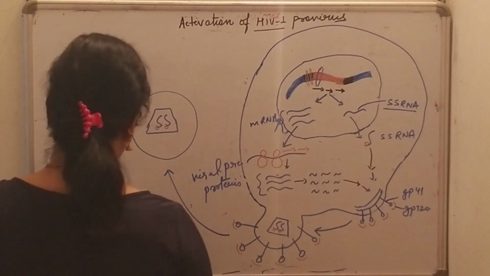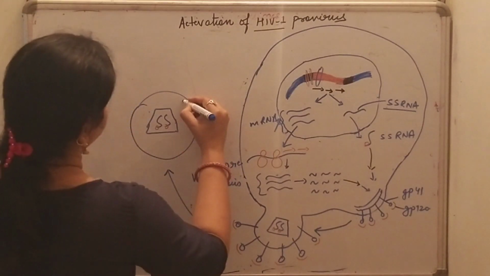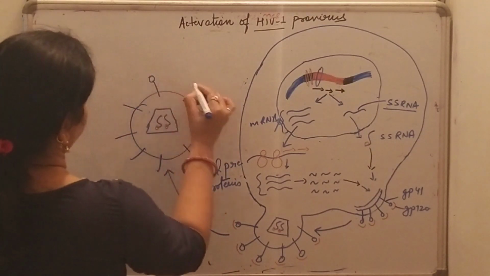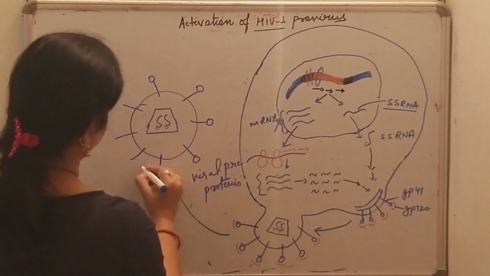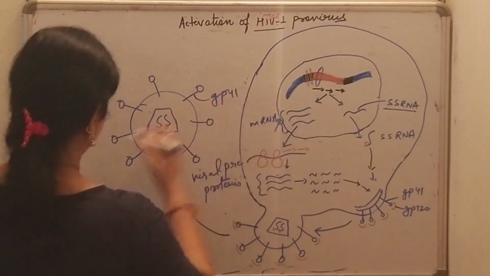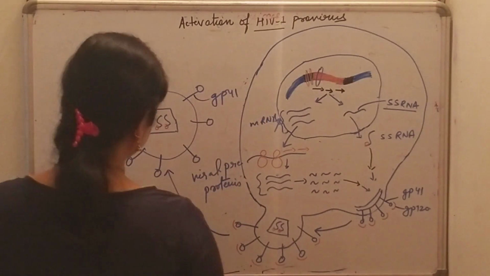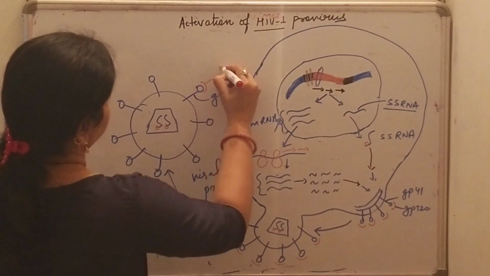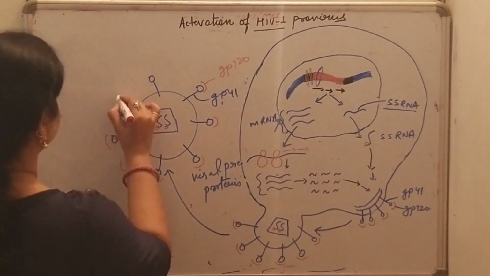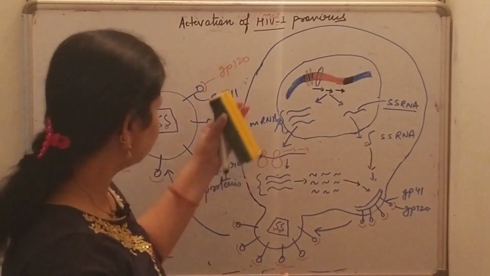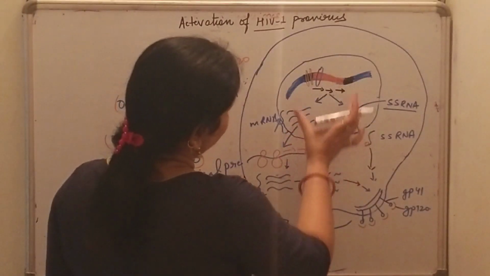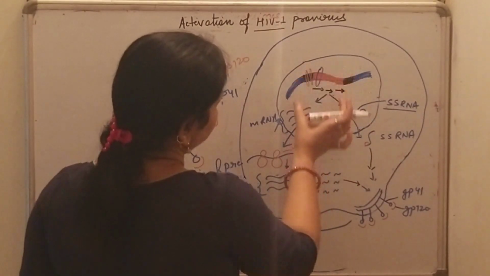Here this is the GP41, and this is the GP120. So finally this virus particle is getting matured. This is how the HIV-1 provirus, which has become integrated with the host cell genome, becomes activated.